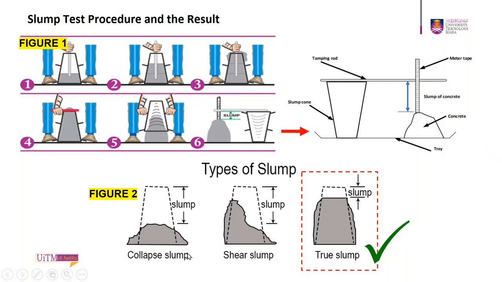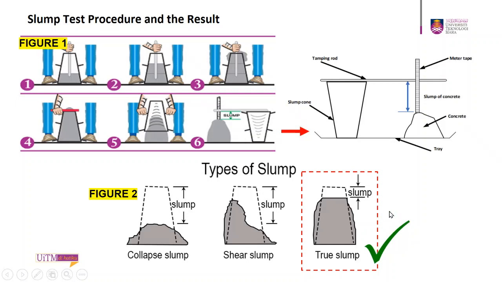Figure 2 shows the result of the slump test. When the cone is removed, the slump may take one of 3 forms. The measurement is taken between the top of the cone and the top of the concrete after the cone has been removed. First is the true slump.